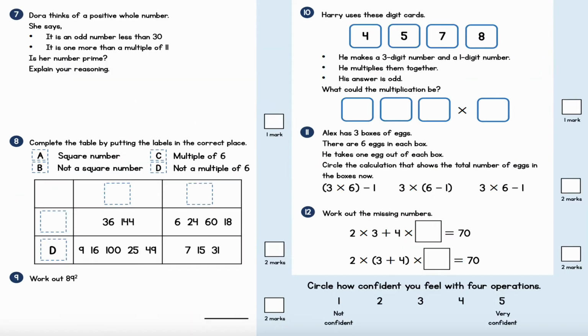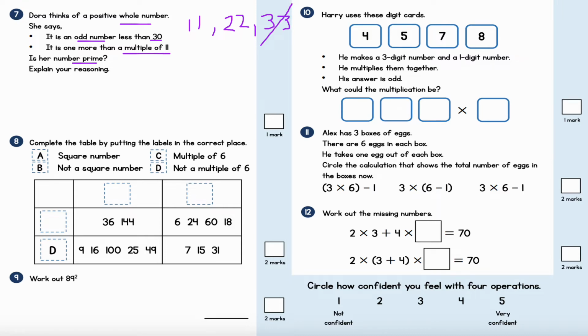Okay. Question number 7. Dora thinks of a positive whole number. She says it is an odd number less than 30. It is one more than a multiple of 11. Is her number prime? Well, multiples of 11 will be 11, 22, and 33. Obviously, I can't go any further because the number has to be smaller than 30. So that cancels that one out straight away.